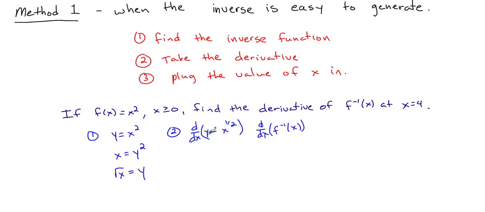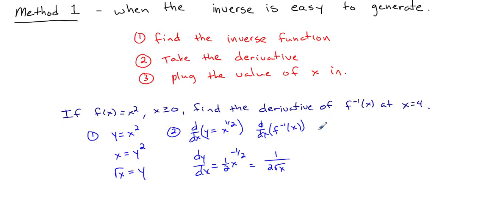Okay, this is your inverse function. We are finding the derivative of the inverse. Okay, so dy dx is 1/2 x to the negative half, right? Which would be 1 over 2 root x. There we go. There's the derivative of the inverse.